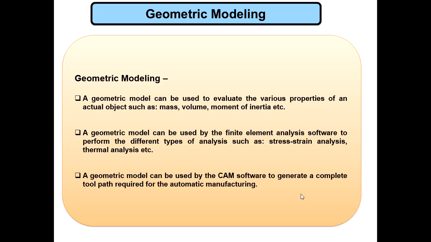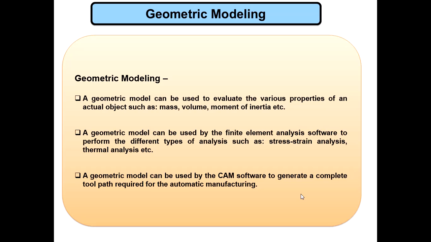The toolpath for these CNC machines or VMC machines can be generated directly from the geometric model. So you generate the geometric model, and from it you automatically get the toolpath with the help of this software, and based on this toolpath we can generate the program for your manufacturing.